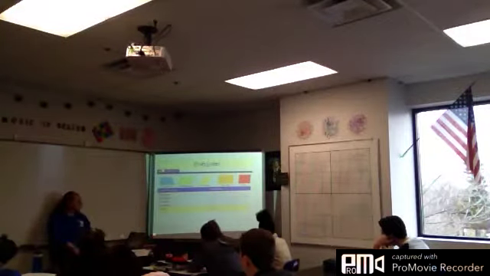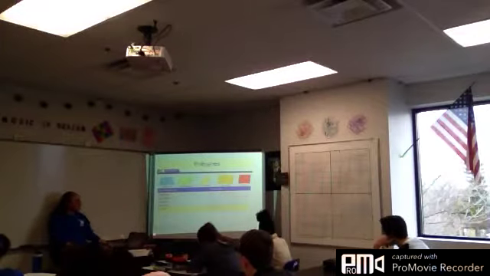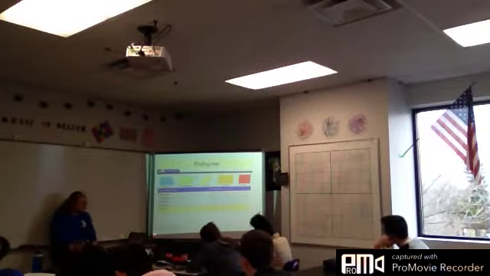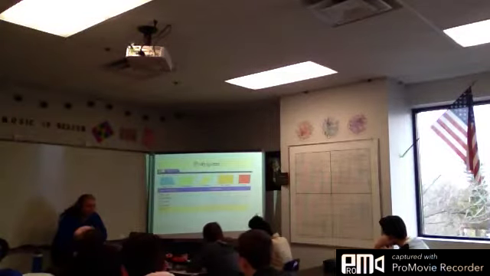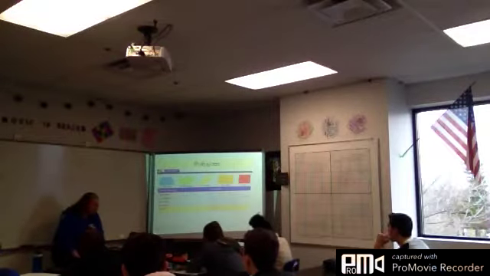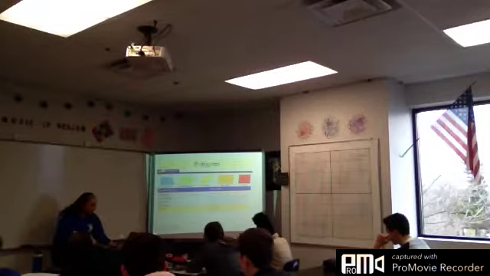A square is a rhombus with 4 right angles and a rectangle with 4 congruent sides. So a square is a rectangle, but a rectangle is not a square.